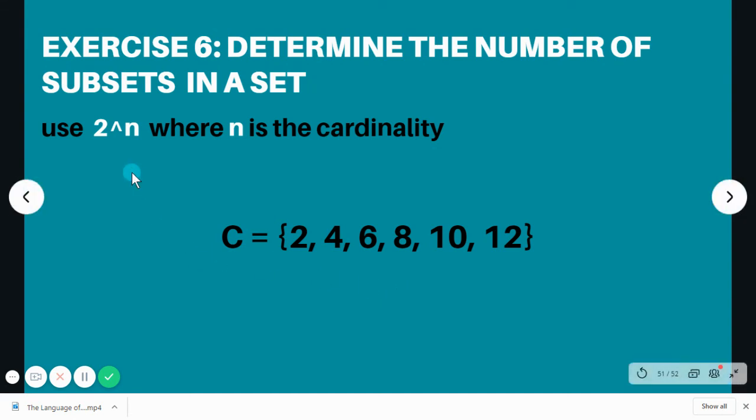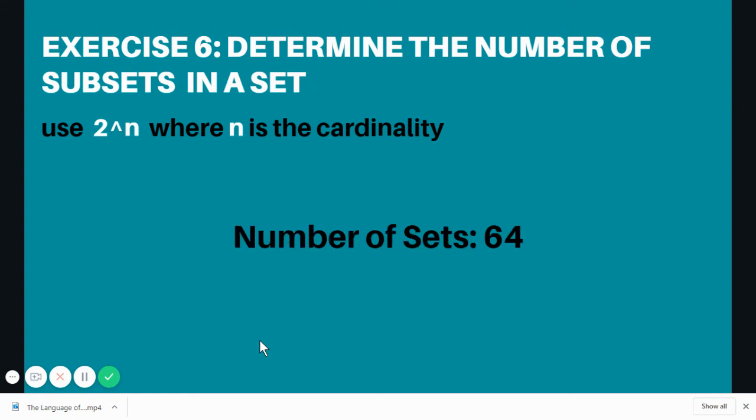So this will become 2 raised to 6. So ibig sabihin, 6 na beses nating imumultiply ang 2 sa kanyang sarili. So the answer there is 64. Okay? So that's how you get the number of subsets in a set.